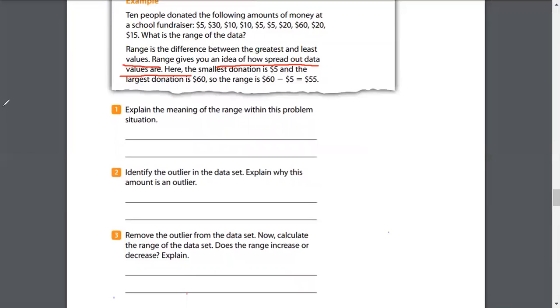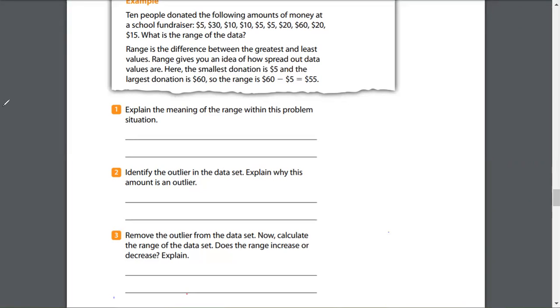We talked about this. We talked about mean. So when we take the outlier out, which is $60, then our highest amount in the data would be 30, and 30 minus 5 would be 25. So the range will decrease due to the simple fact that you took that outlier out. $55 was the range at one time with the outlier in, and with it out it is only $25.